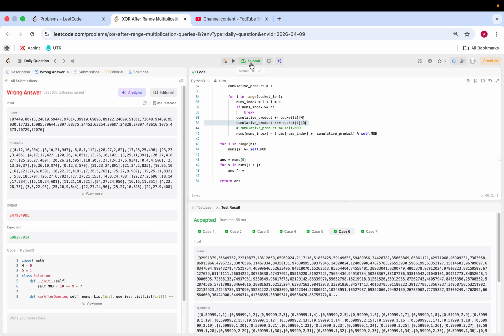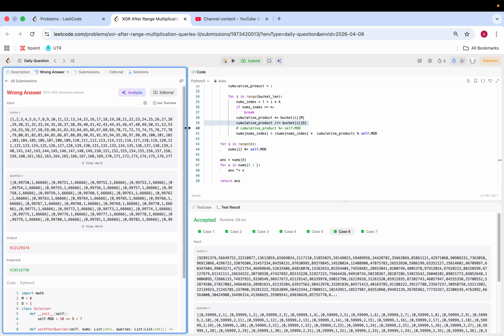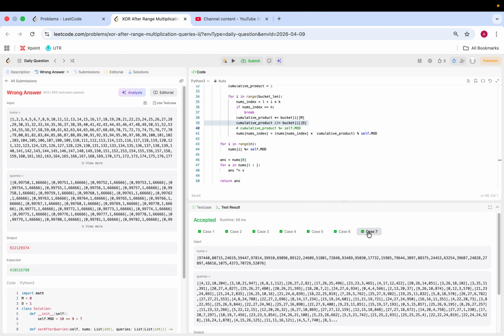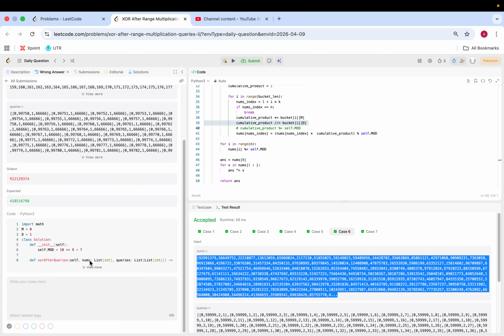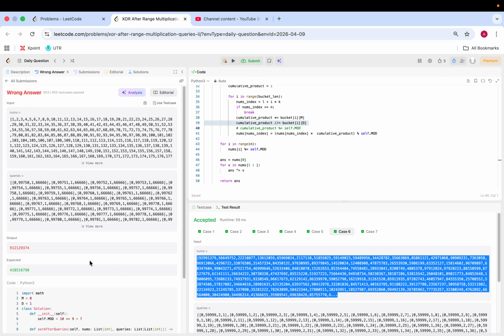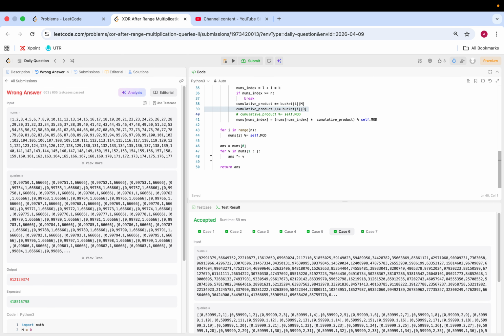No. What? 603? Wasn't that the same as this one? Nope. This was 602, was it? So annoying. Wow, LeetCode really did me like that.